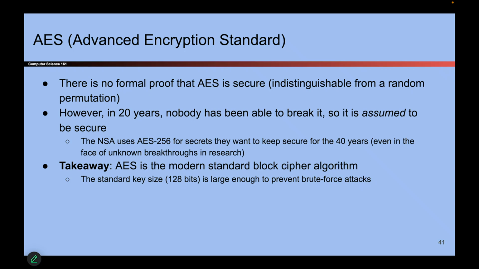But as far as we know, it's been 20 years and nobody has broken it. So it's as good as secure. So even though there is no proof, basically everyone uses it. Banks use it. The US government uses it. You use it. So this is the modern standard for what everyone uses as a block cipher algorithm.